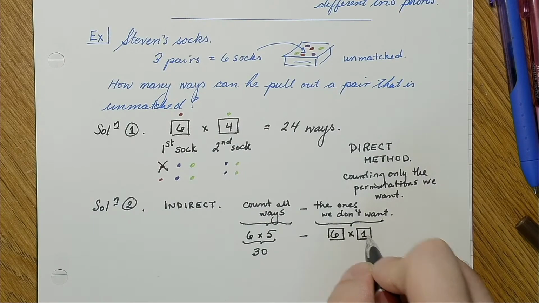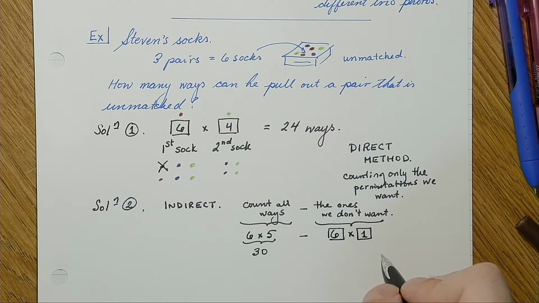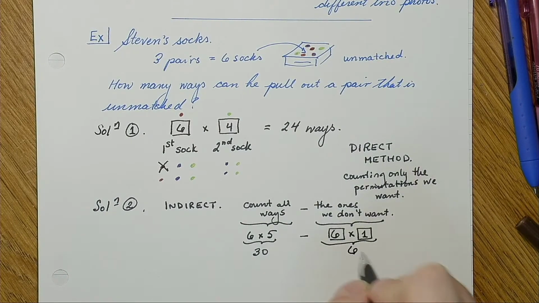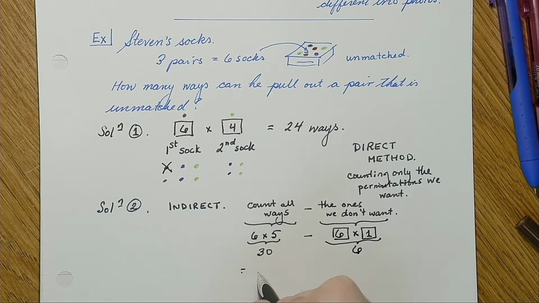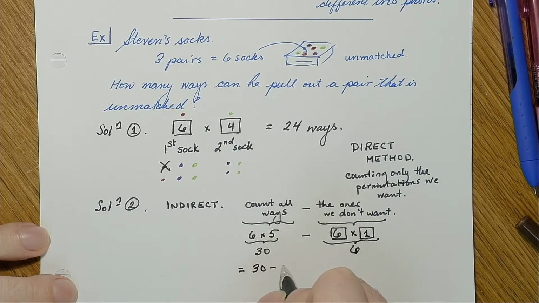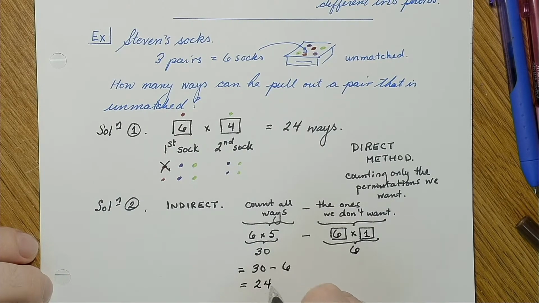So that's 1. So I'm left with 6. So I can do 30 minus 6, which equals 24.